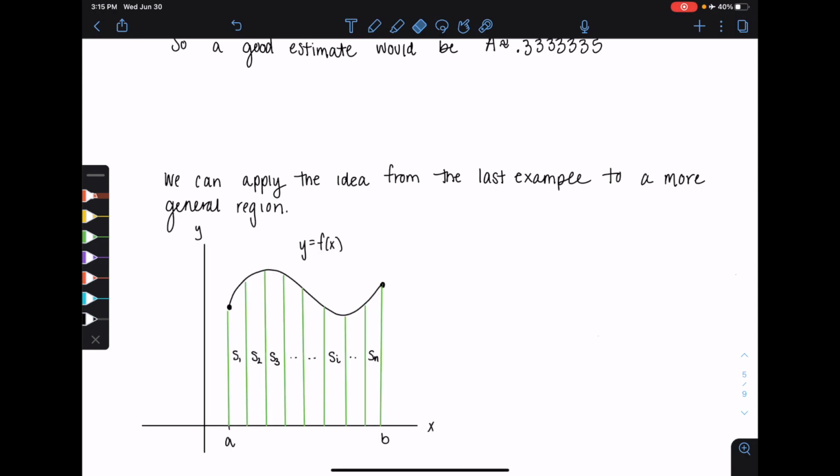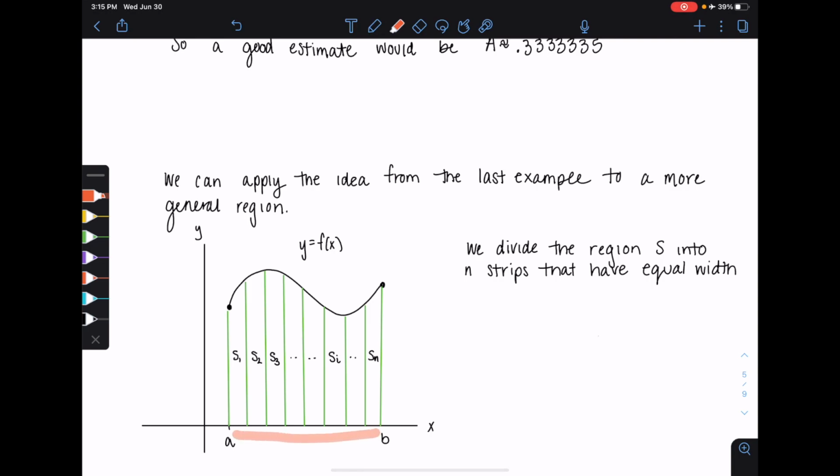So we're going to deal with the area under a function, and we're going to divide this region S that I want to find into n strips of equal width. So I want to find the area under the function f over this interval from a to b. And so I'm going to approximate the area on these n arbitrary strips.